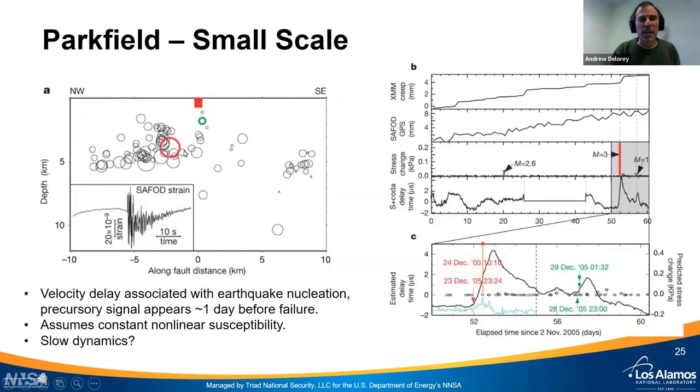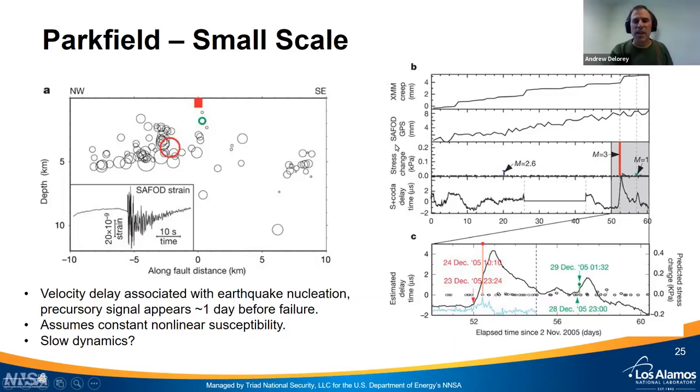But the other thing they ended up catching was precursory activity for two small earthquakes. And so in this figure right here, this is like a side view. So this red square right here is essentially those two boreholes that we saw on the previous slide. And then these circles down here are earthquakes. And the red circle represents a magnitude 3 earthquake, and the green circle represents a magnitude 1 earthquake.